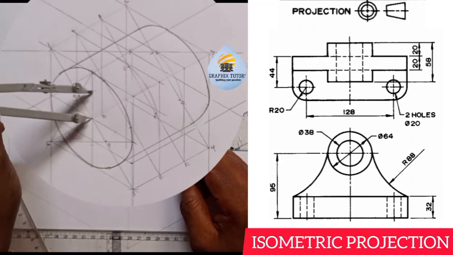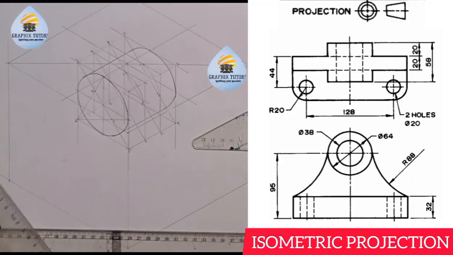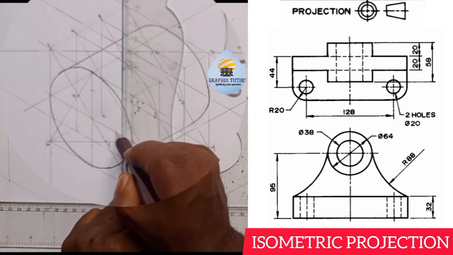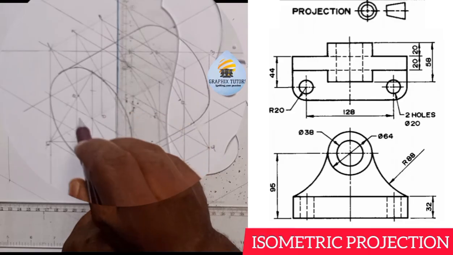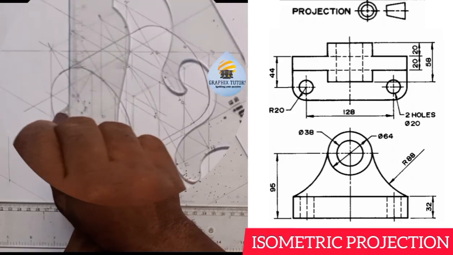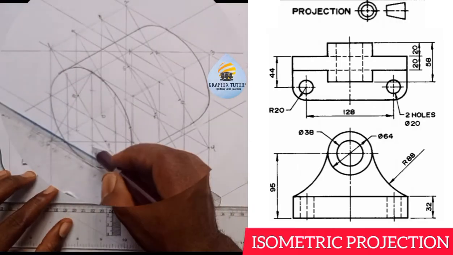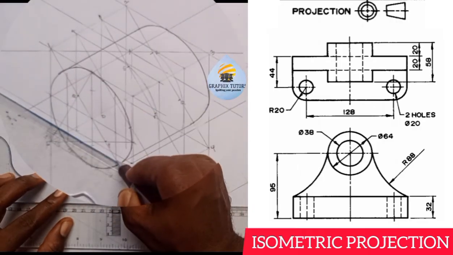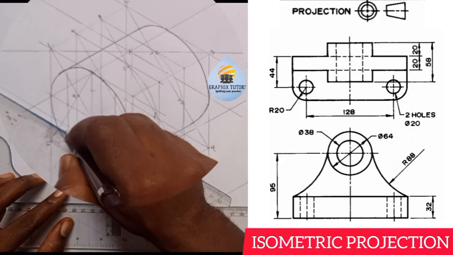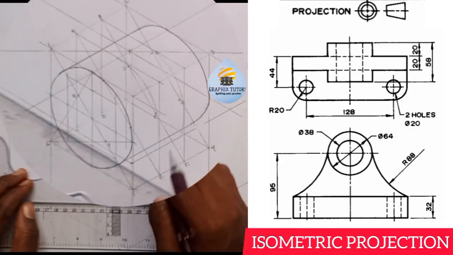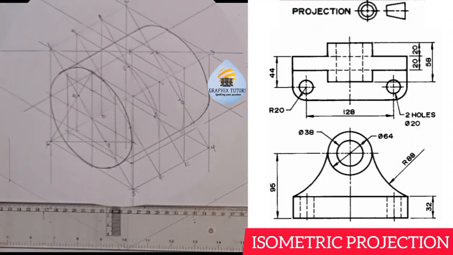Just that way. Then I'll use my instrument to draw a box out of it this way. Right? That is what I've done.